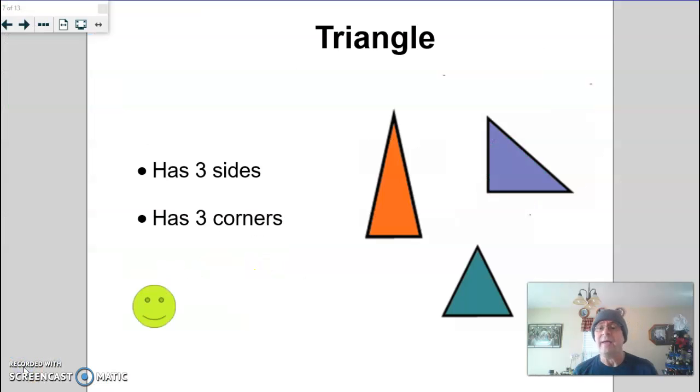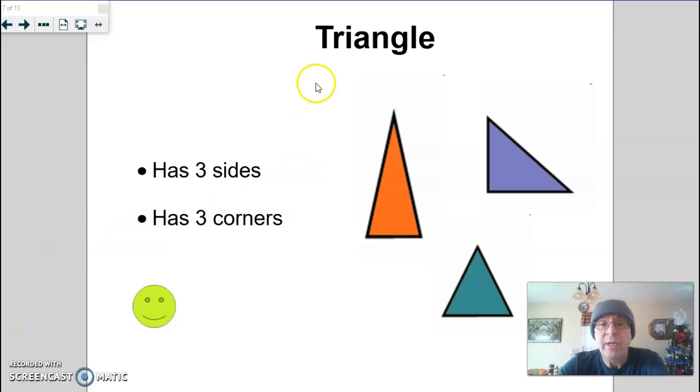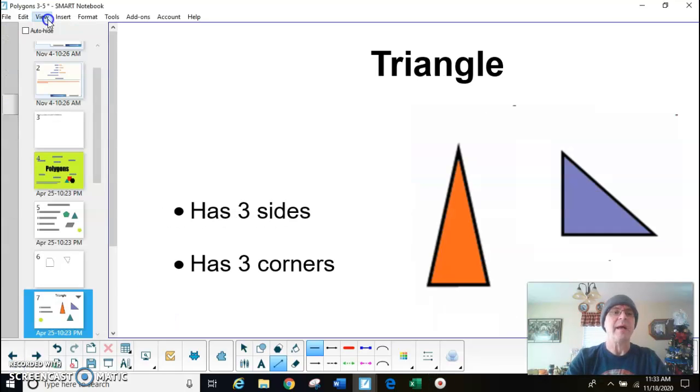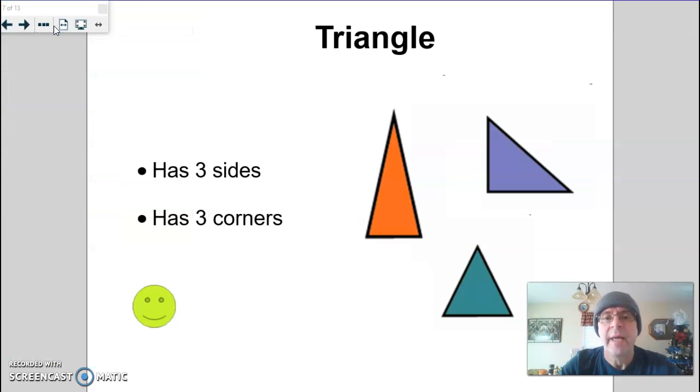Now, the way that we name polygons is by how many angles they have, or how many sides they have. And you can see, we all know what these are. These are triangles. But let's take a look at the word triangle. We could break down the word triangle into two different words, couldn't we? Tri and angle.